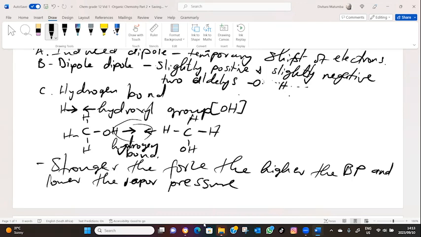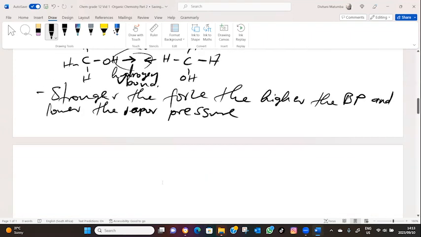So again, the longer the chain, the stronger the bonds.